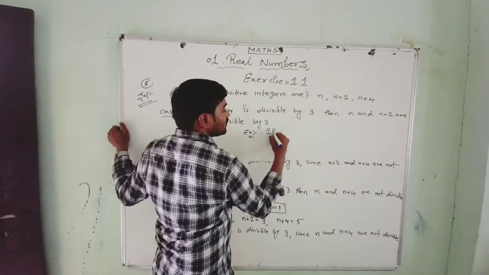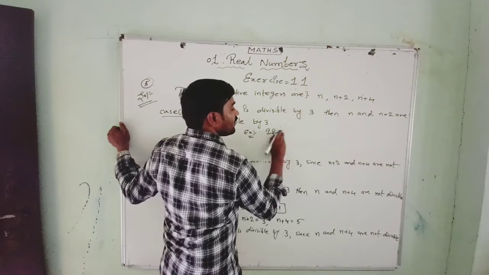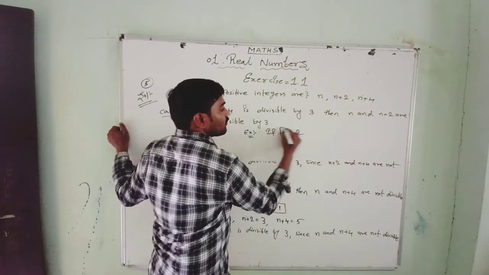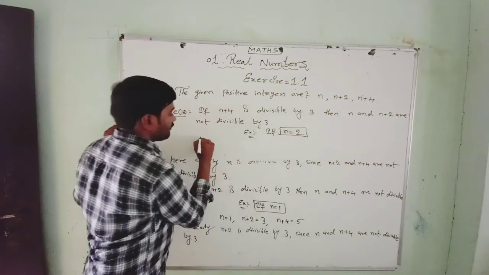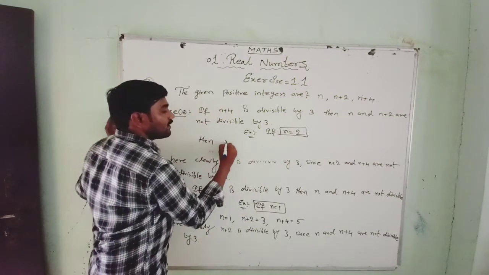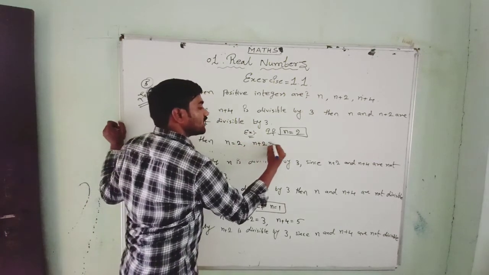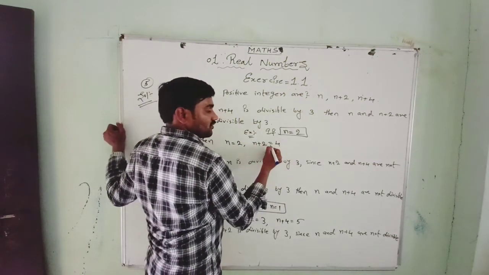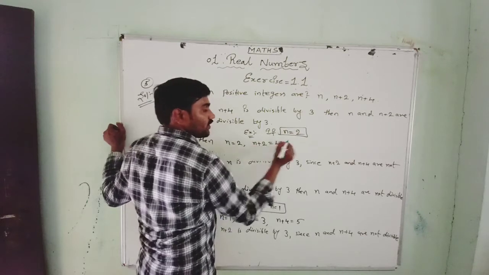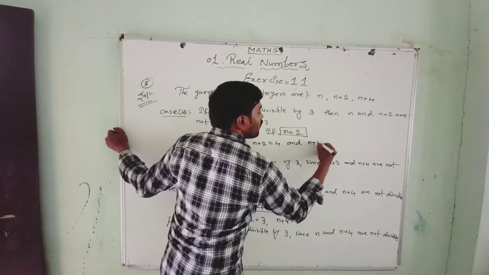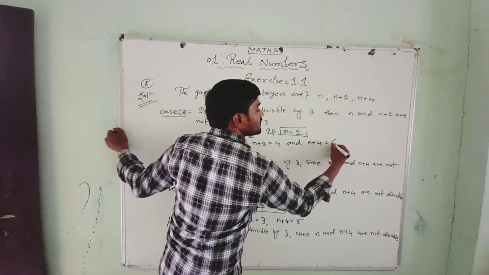Like if n equals 2, then n plus 2 equals 4, and n plus 4, that means 2 plus 4, is 6.